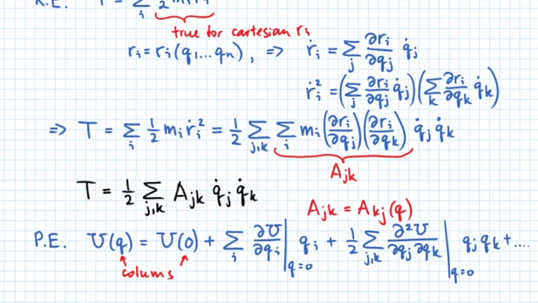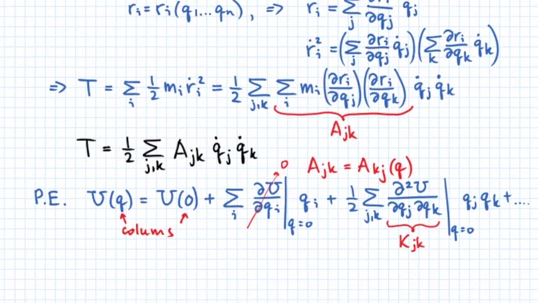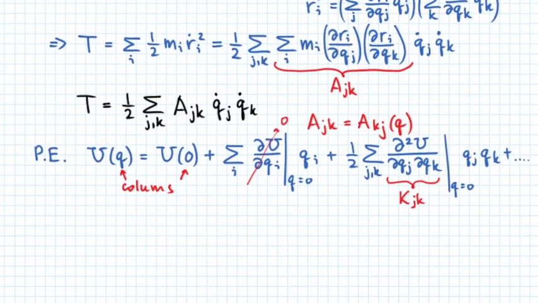First, we note that since we're expanding around the equilibrium position, the first partial derivative will vanish. The coefficients in front of the second sum we can give the names k sub jk. Again, we know that k sub jk is symmetric. In other words, k sub jk is equal to k sub kj.